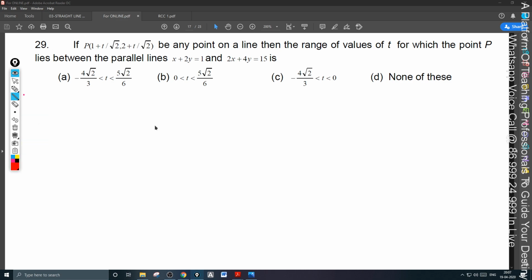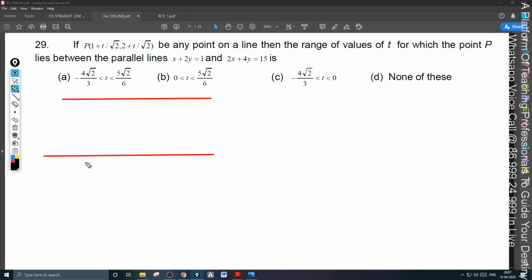One line is, let me say, 2x plus 4y plus 15, and another line is x plus 2y is equal to 1. And what are the lines here?